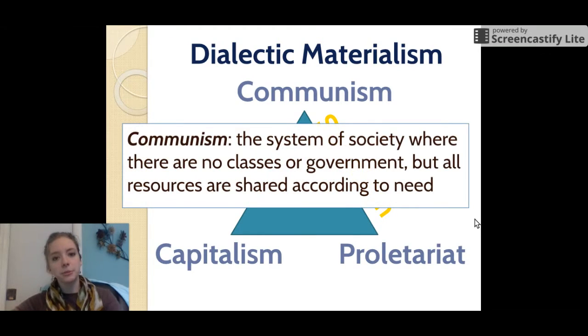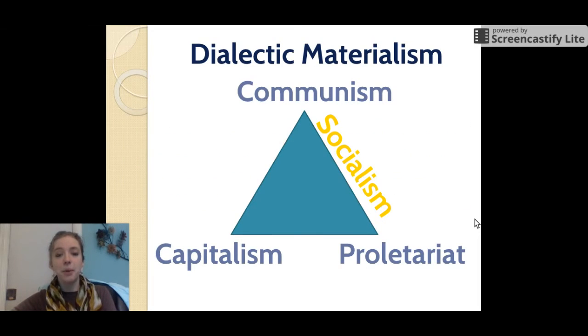So communism ultimately is that system of society where there are no classes, but all resources are shared according to one's need. People don't do that naturally, Karl Marx agreed, and so he believed that socialism was the necessary step in which the government would come in, take control of all the factories, and give to each person equally. That would eventually lead to where people would take simply based on what they need.